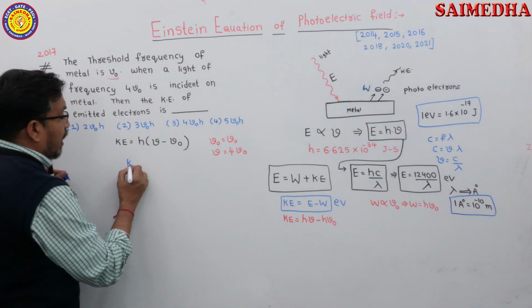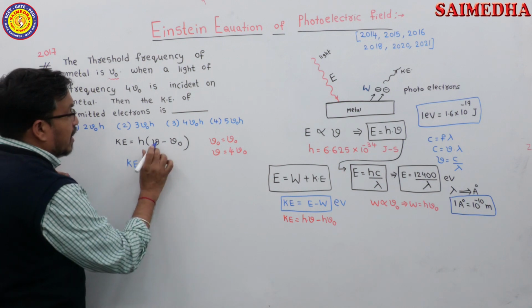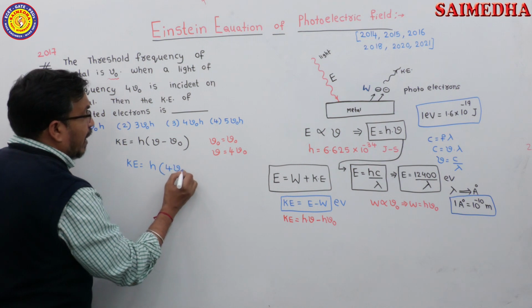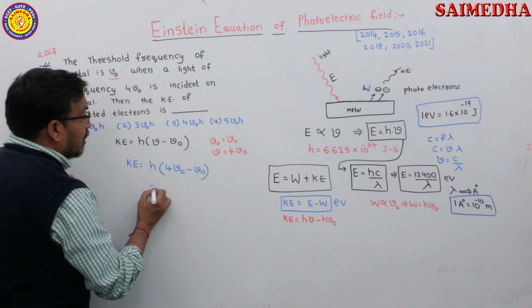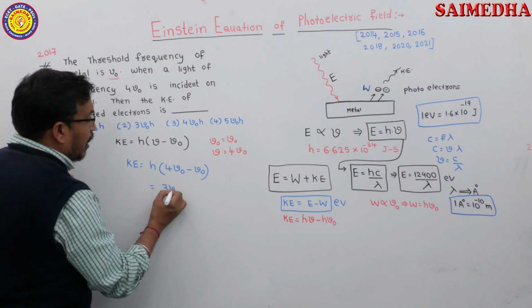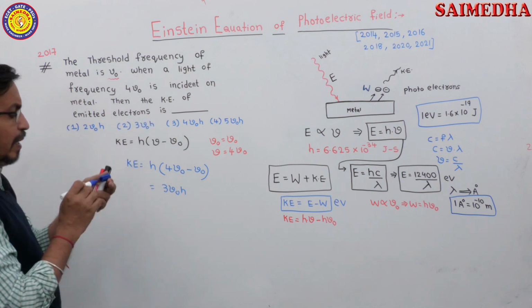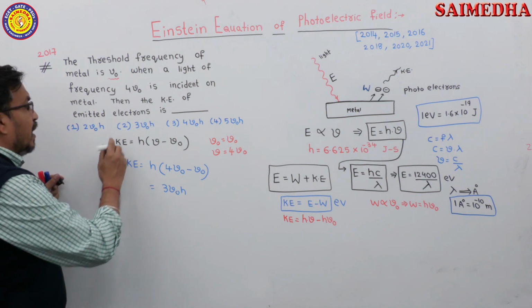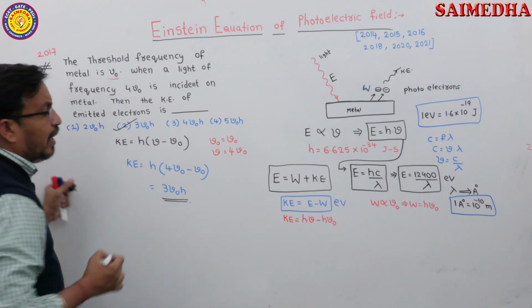Kinetic energy K equals h into (4V0 minus V0). 4V0 minus V0 is 3V0, so 3V0 into h is the kinetic energy of emitted electrons. Students, of the four options, 3V0 h is the correct answer.